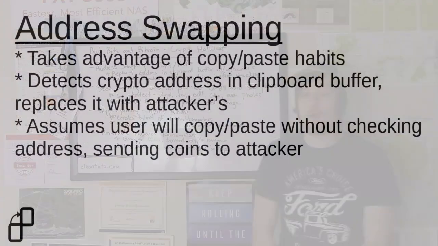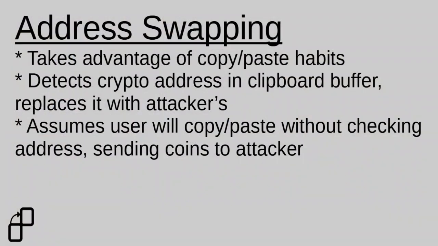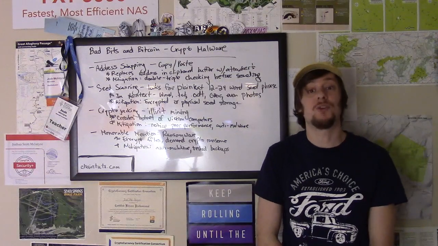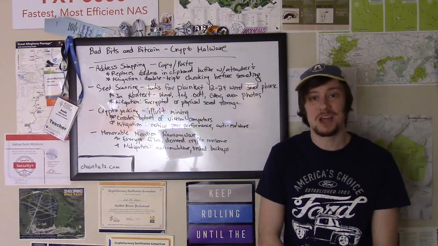The first type of malware attack we'll talk about is the address swapping or address poisoning type of attack. This malicious software takes advantage of the fact that most crypto users on a PC are going to copy and paste crypto addresses when creating transactions.